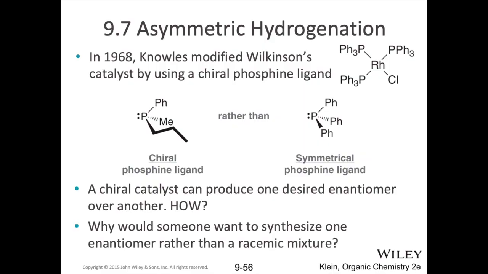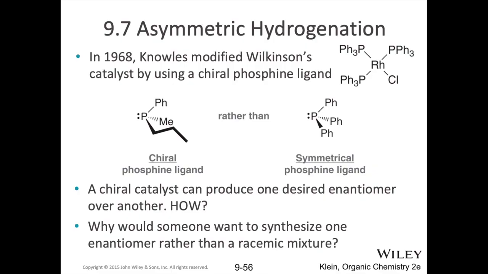Okay, now I mentioned that you could have greater enantioselectivity. What do I mean by this? Well, it is possible to do asymmetric hydrogenation, not because hydrogen's asymmetric, but because your substrate's asymmetric. So you can add your hydrogen selectively to one side of your alkene versus another.